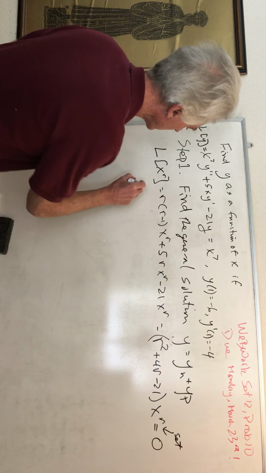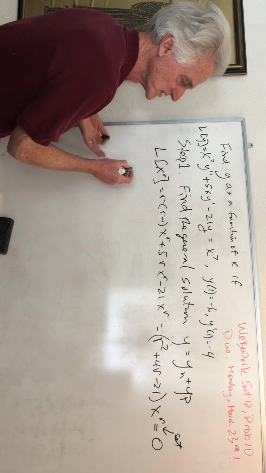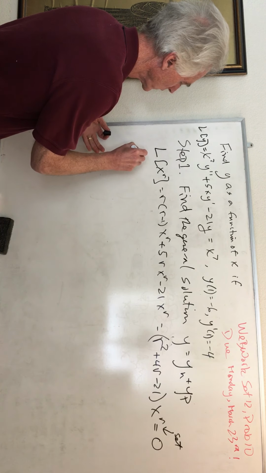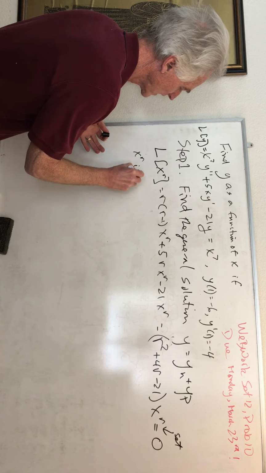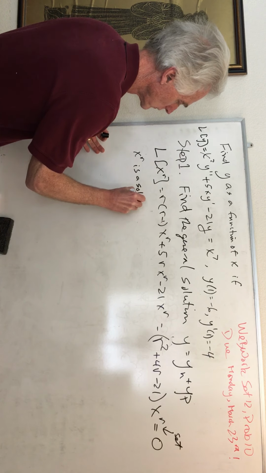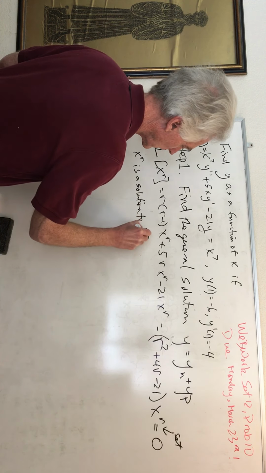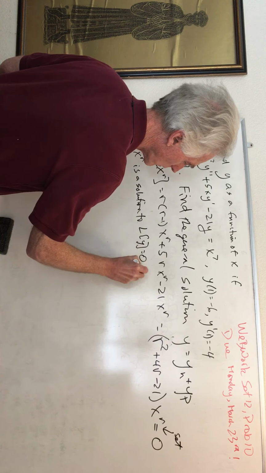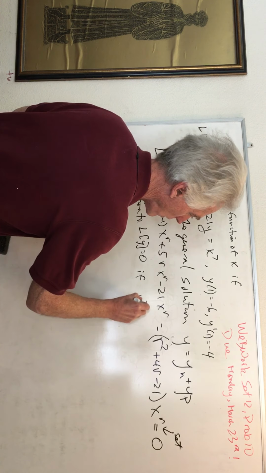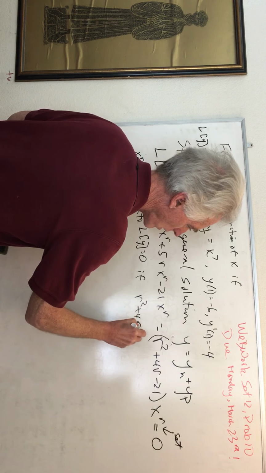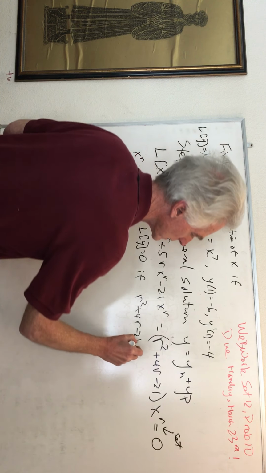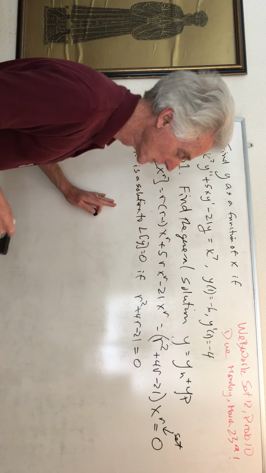Okay, so we get the thing that's like the characteristic equation. We get x to the r is a solution to Ly equals 0 if r squared plus 4r minus 21 equals 0.